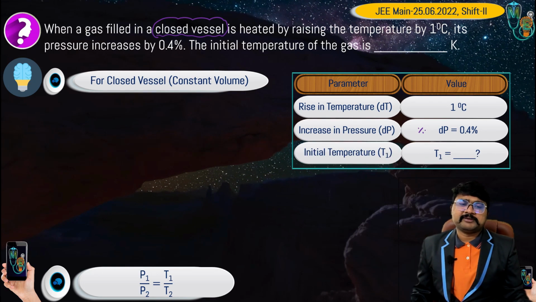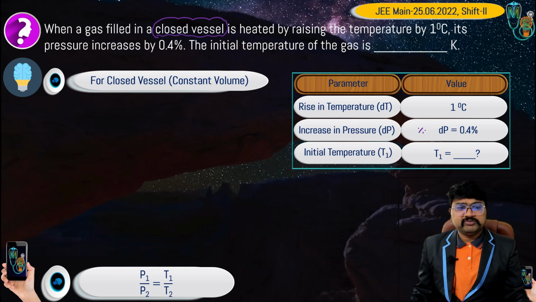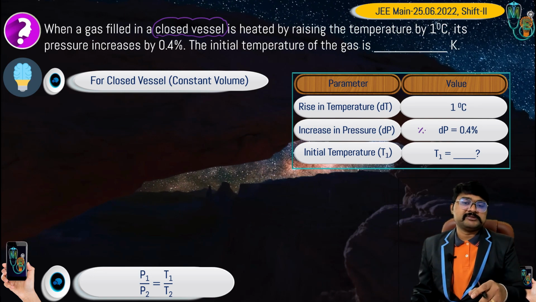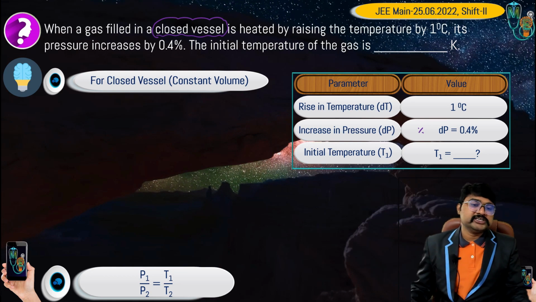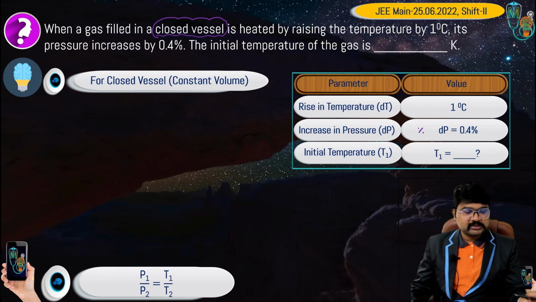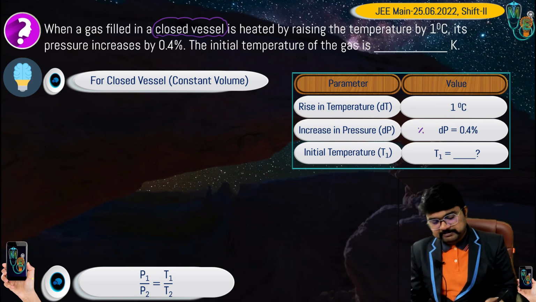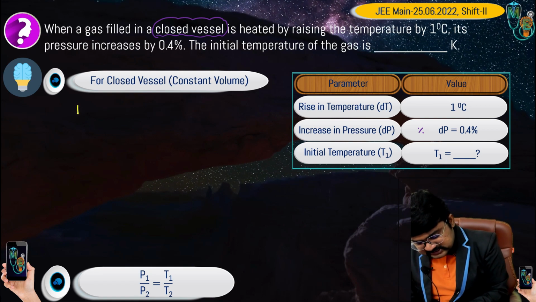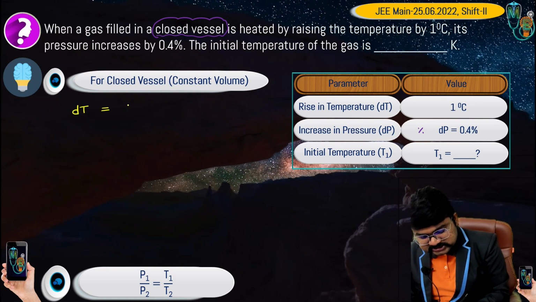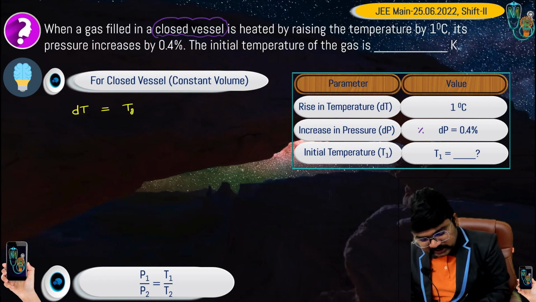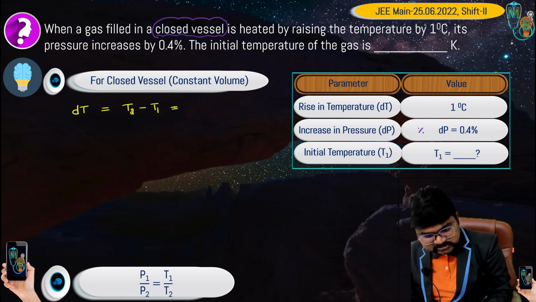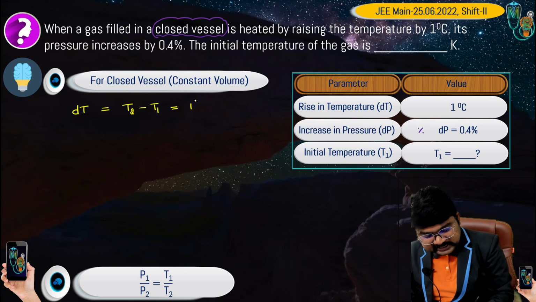Now the initial temperature we need to calculate. Rise in temperature is given, increase in pressure is given, and they are asking the initial temperature. Now we need to write the given data in the proper manner. Rise in temperature means T2 minus T1 equals 1 degree centigrade.